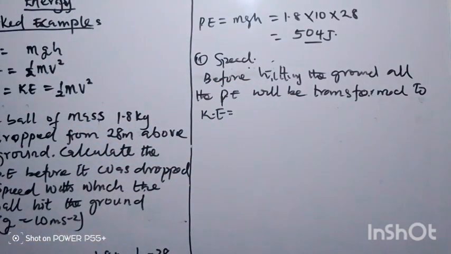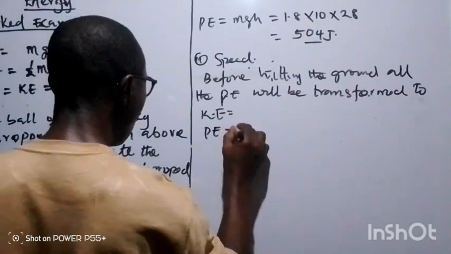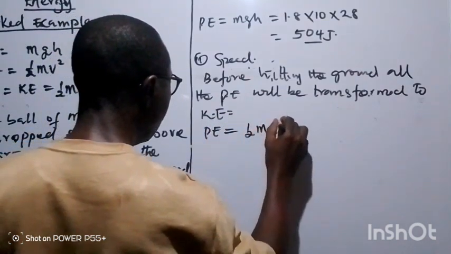And if that is the case, from this statement now, P will be equal to half mv squared.